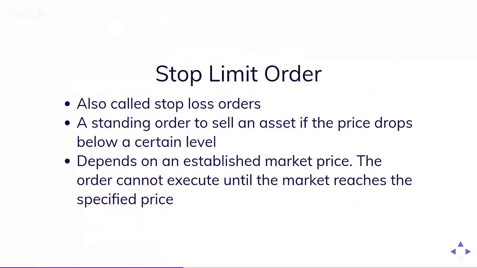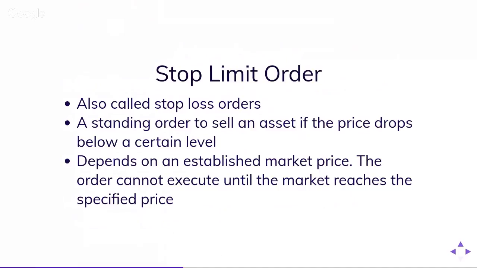So, for example, if you had a barrel of oil, you might have a sell limit order to sell your barrel of oil at $70 a barrel, but you might put a stop limit order at $45 a barrel, where if the price of oil in the market drops below $45 a barrel, you're just going to sell your barrel at that price to stop your losses and limit how much you could potentially lose as the price of oil continues to fall.